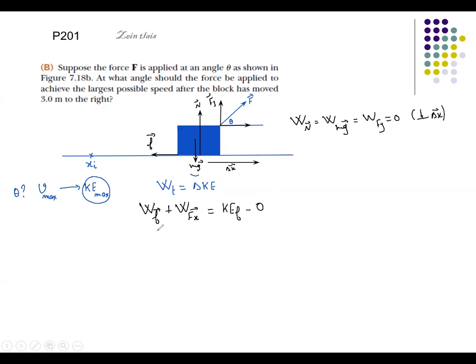Okay, the work done by the friction is negative because it's opposite to the displacement.